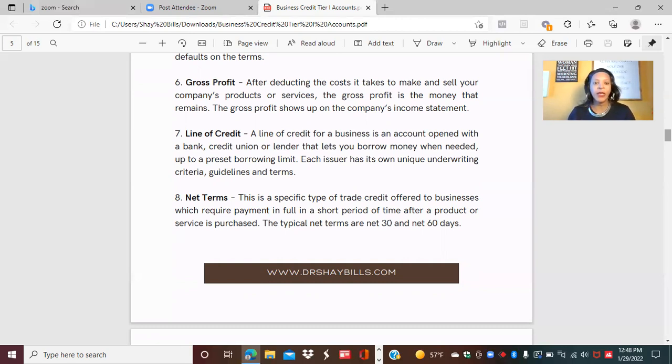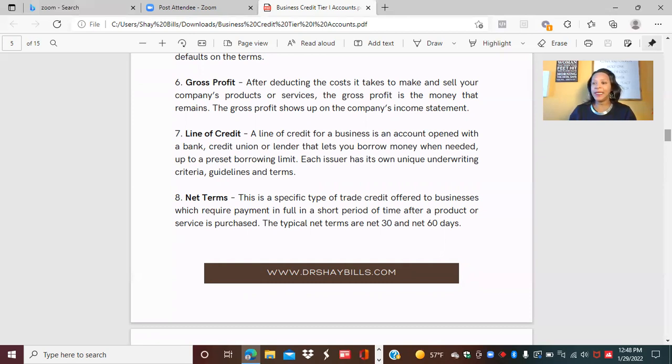Net terms. This is a specific type of trade credit offered to businesses which require payment in full in a short period of time. So you're going to hear about net 15, net 30, net 55, net 50. It could be any number at the end of net, okay? Generally, it's in the 5 increments, okay?